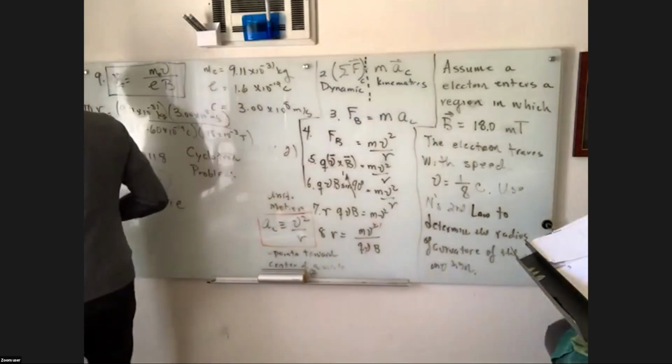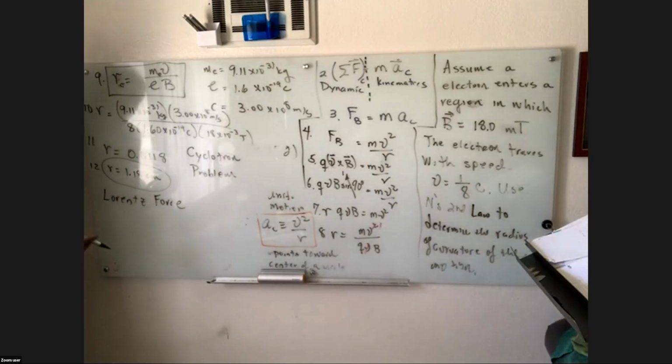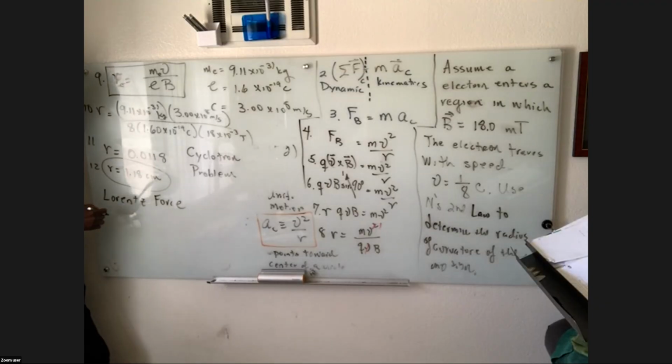But the Lorentz force is basically a combination of an electric force and a magnetic force. I don't know if there's a symbol for it, but it's basically F_B plus F_E.